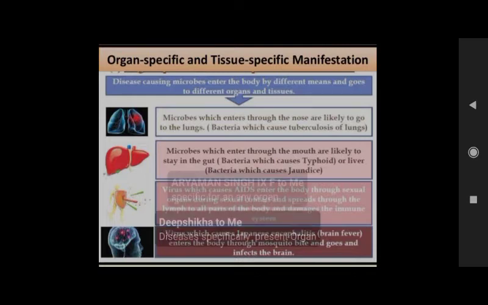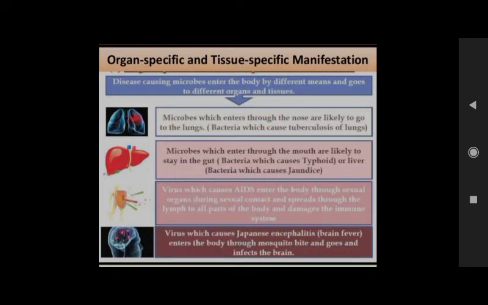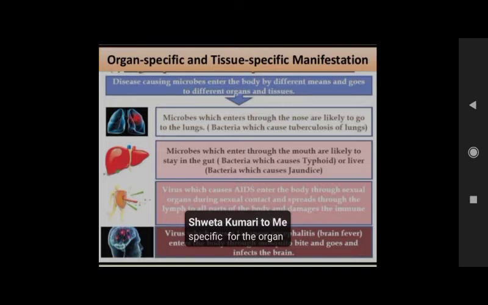See, students, organ specific means one particular infectious agent will infect one particular organ, or the other way, one particular infectious agent will enter and hamper one particular tissue. So this is called organ specific and tissue specific manifestation.